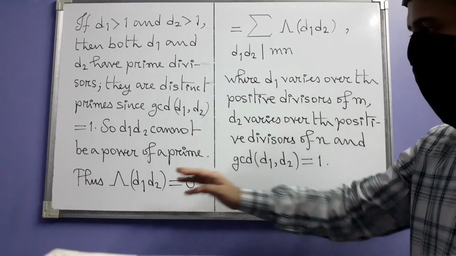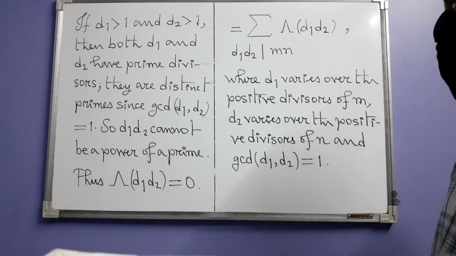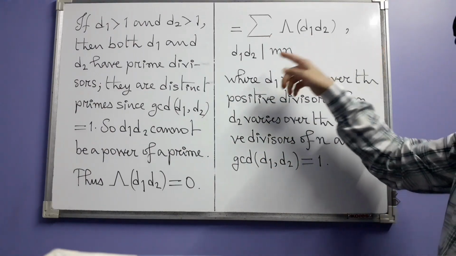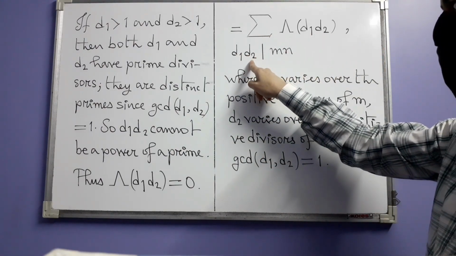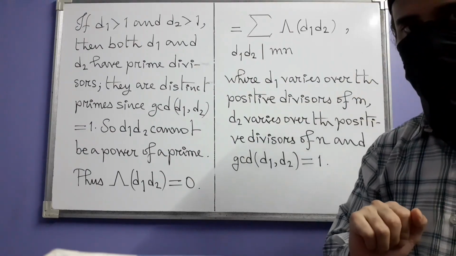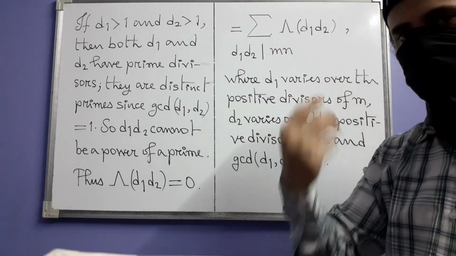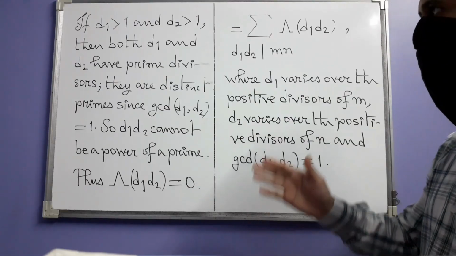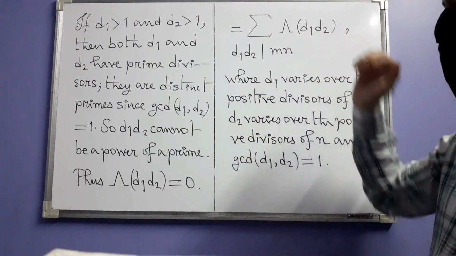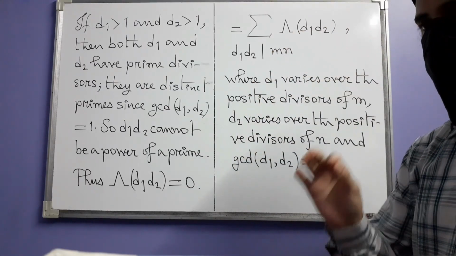Now what is the consequence of this? The consequence is that in this sum, for all those d1 d2, both of which are greater than 1, the corresponding lambda term is 0. So this drastically reduces the complexity of this sum. Now what does that mean?